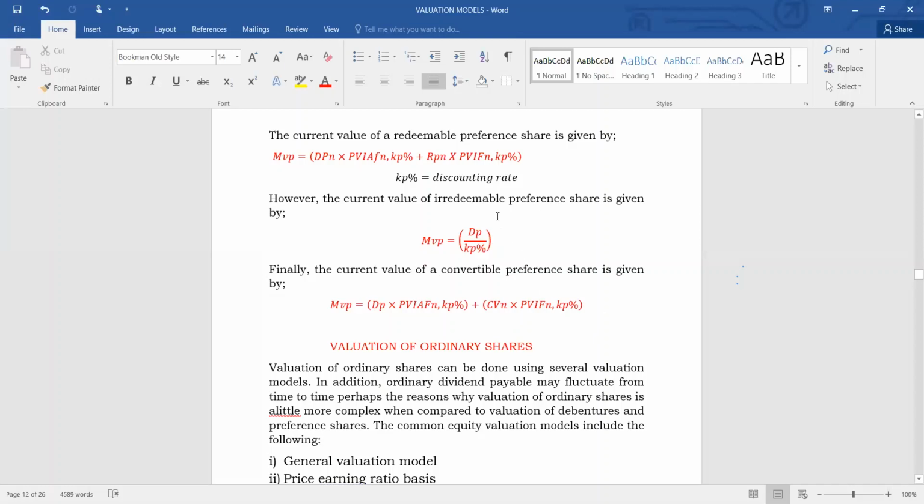So my concentration is going to be on the valuation of equity shares, or what we sometimes refer to as ordinary shares. Unlike valuation of debentures and preference shares, where we have defined specific models for redeemable, irredeemable or perpetual instruments, valuation of ordinary shares is done using various models.